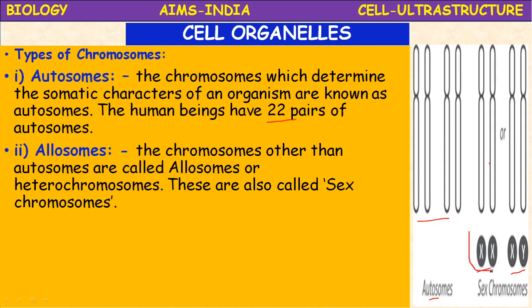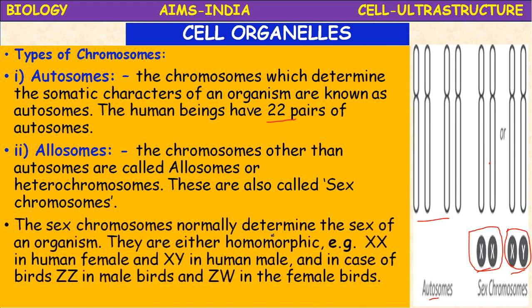If the zygote contains XX chromosomes, then it represents a female fetus or female child. If the zygote contains X and Y chromosomes, it represents a male child. So the sex chromosomes normally determine the sex of an organism.